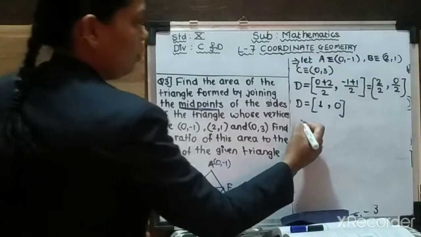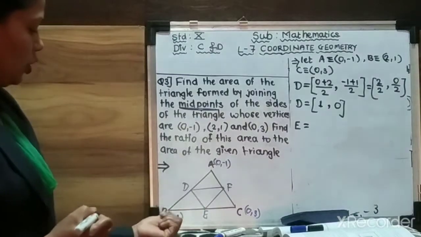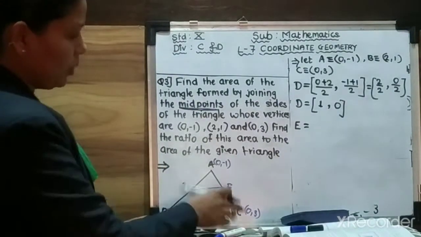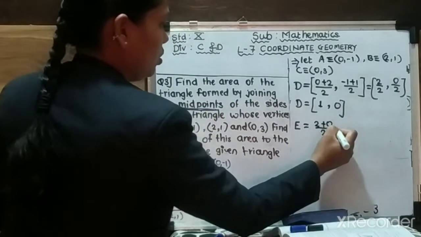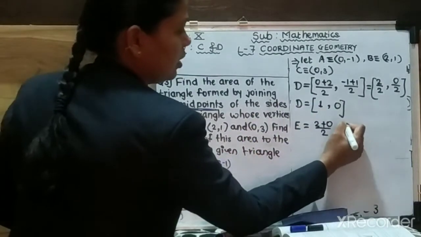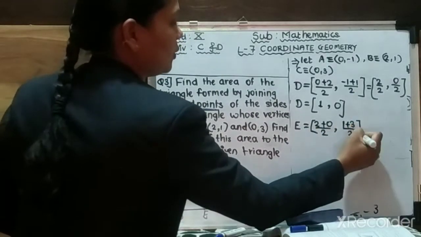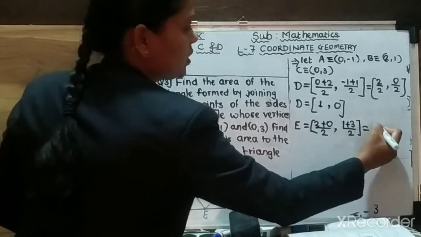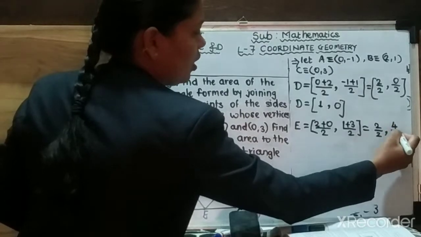Now let us find out E. So E point is the midpoint of BC. So we have 2 plus 0 upon 2, that is the X coordinate, and Y will be 1 plus 3 divided by 2. So that is equals to what? We get 2 plus 0 is 2 upon 2 and 1 plus 3 is 4 upon 2.